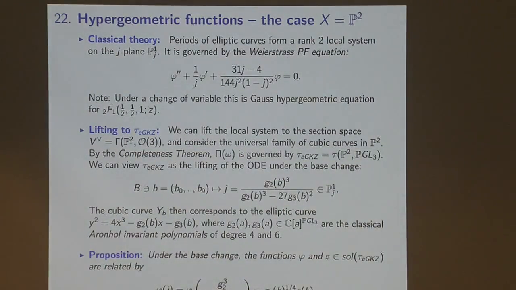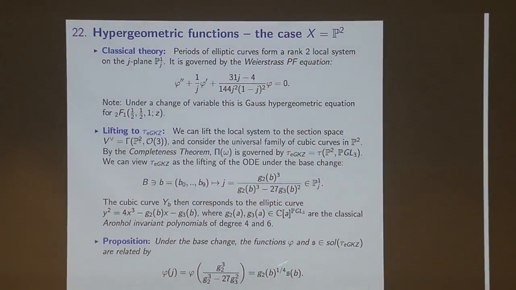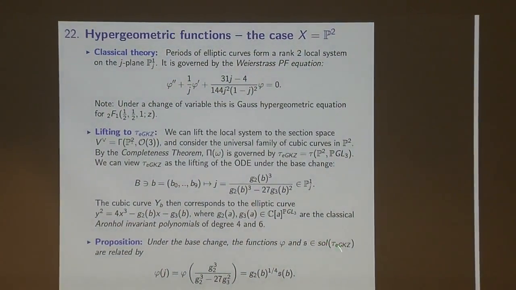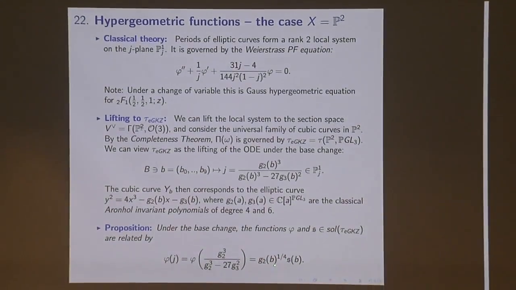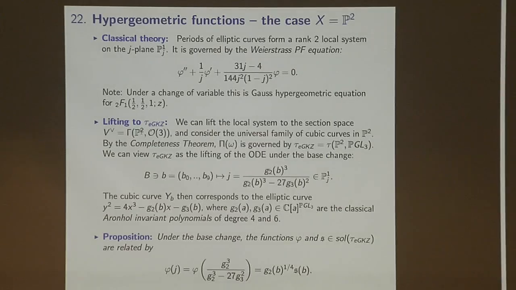Okay, so here's a proposition. Under the base change, the solution to this equation, the Weierstrass equation, and the solution to the extended GKZ system, this tautological system, are precisely given by this relation. So for every solution phi of this, you get a solution to tau by just rescaling by the Eisenstein series to a power of 1/4.